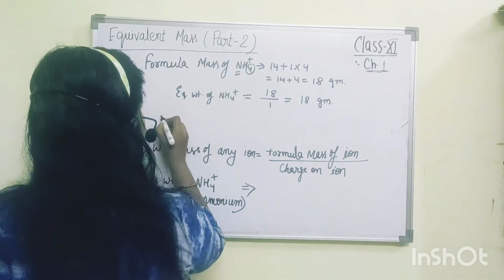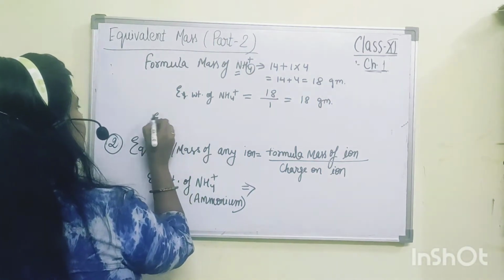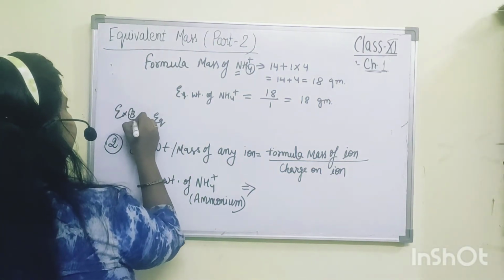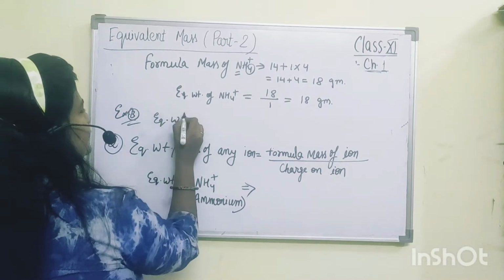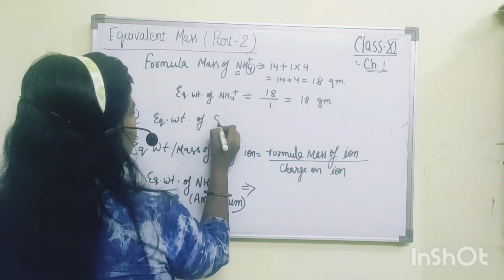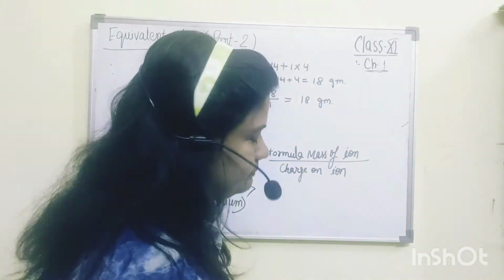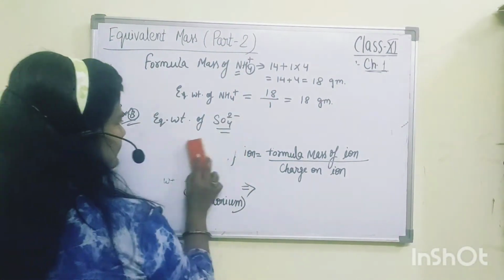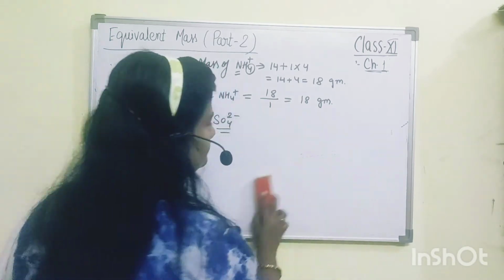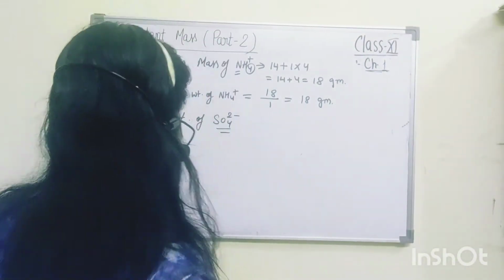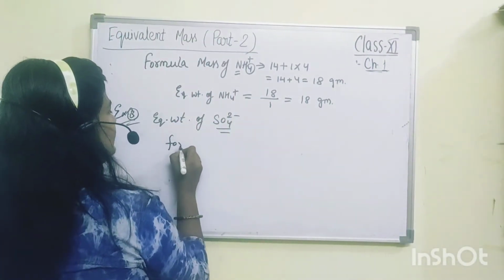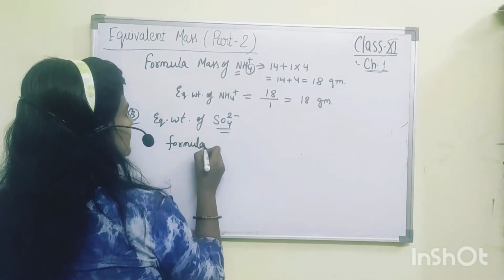Sulfate ion, third example. You have to calculate the equivalent weight of SO4 minus 2, the sulfate ion. It is bivalent. First of all, we have to calculate its formula mass.